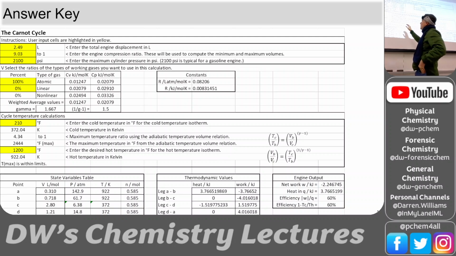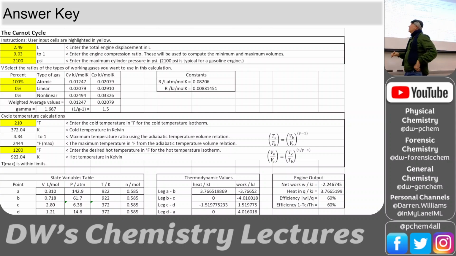This is the one cell that really bothered people in the past trying to figure this out. This is the maximum temperature from the adiabatic temperature-volume relationship. The adiabats have to connect the two isotherms, okay? And so if we go too high in temperature, this adiabat doesn't reach that isotherm at the appropriate volume, and so it just prevents you from making a cycle that doesn't connect.